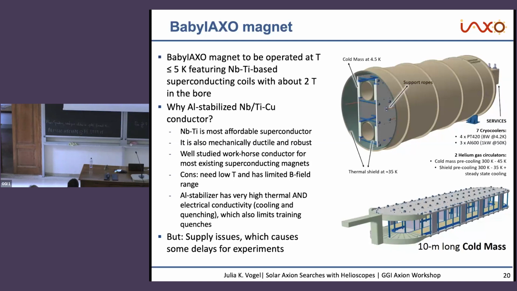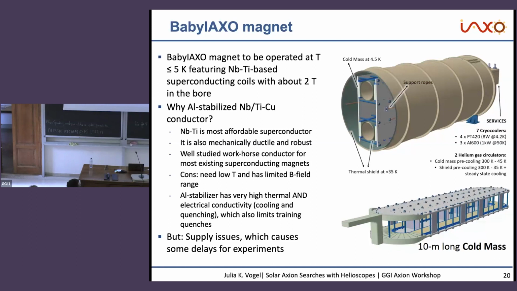for our application. The aluminum stabilizer we need because it has very high thermal and electrical conductivity. The first one is important for the cooling of the system. The second one, especially to protect the magnet in case it quenches, so in case it locally heats and loses superconductivity. We don't want this to damage the magnet.